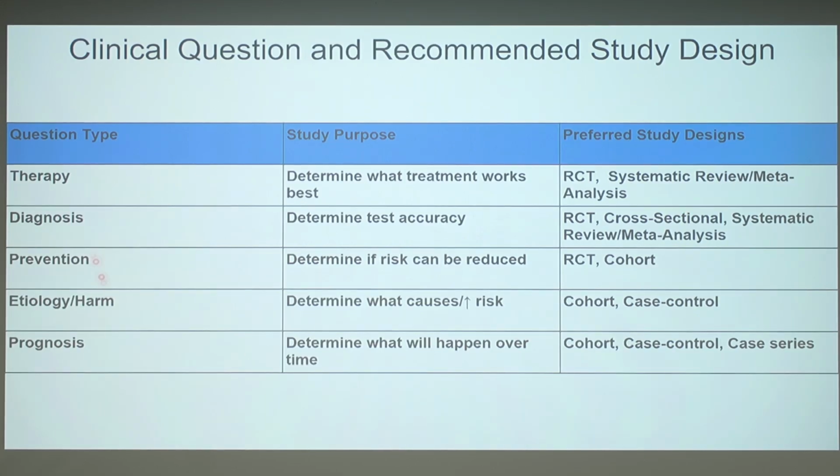And if you ask a different type of question, these are the study designs. So you can select study designs specific for the type of question you ask when you do your literature search, so you get the best type of articles to answer whatever question you're asking. All right? Any questions?